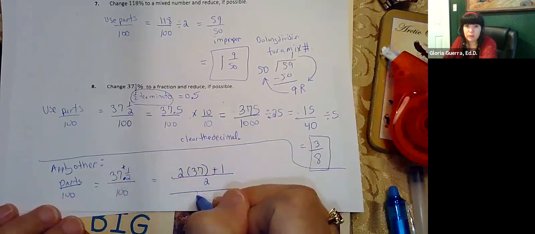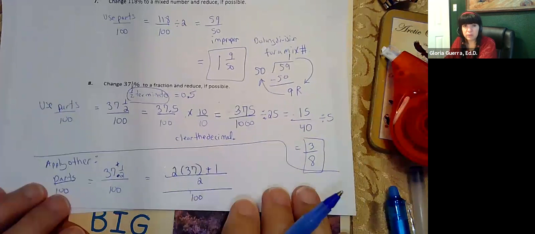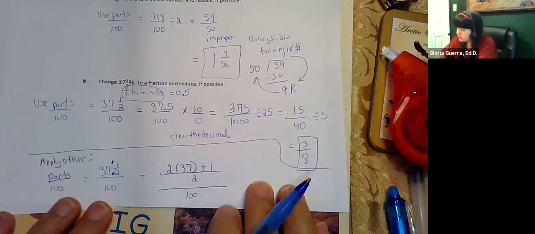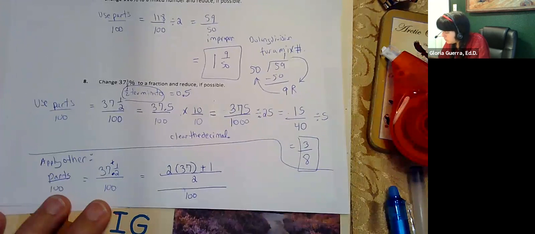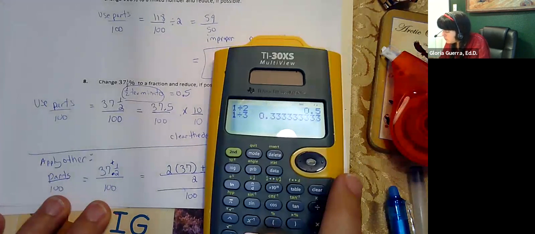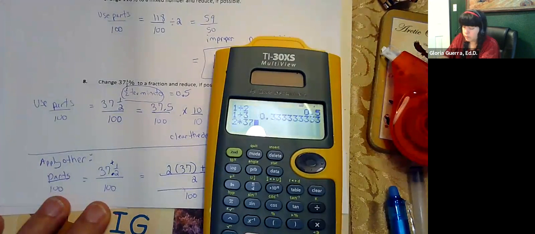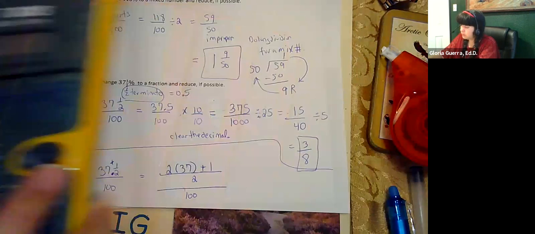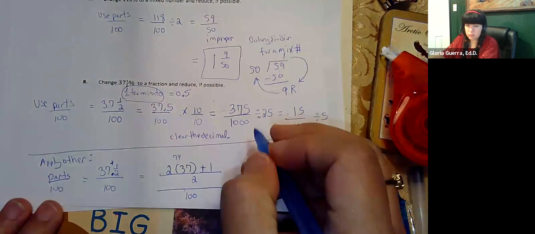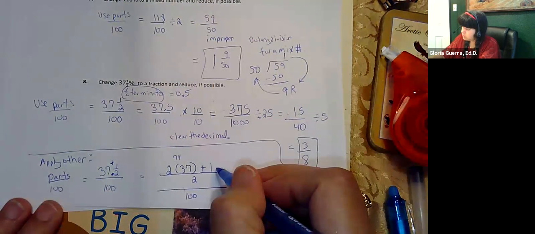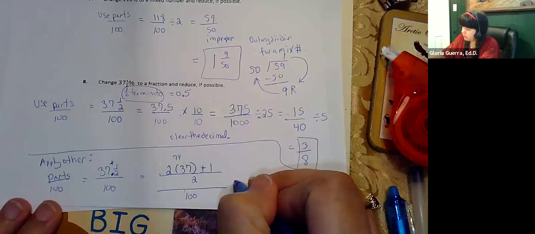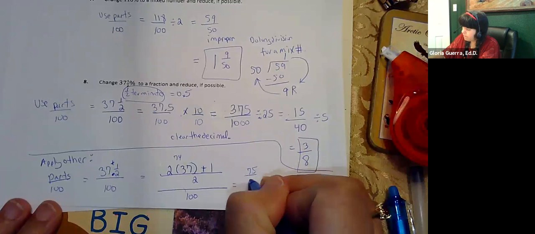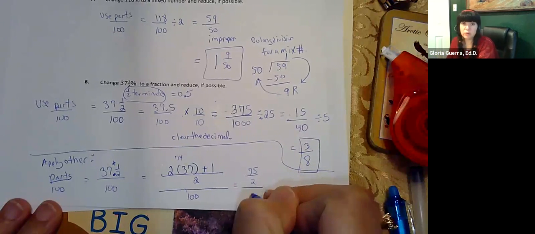That makes it like a complex fraction already. And then what is 2 times 37? 2 times 37 is 74. So now this becomes 74 plus 1, which is 75 over 2, all over 100.